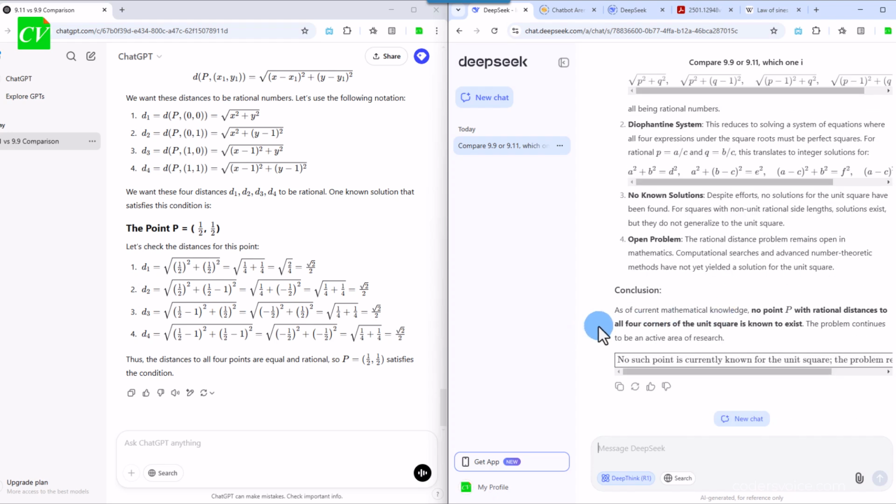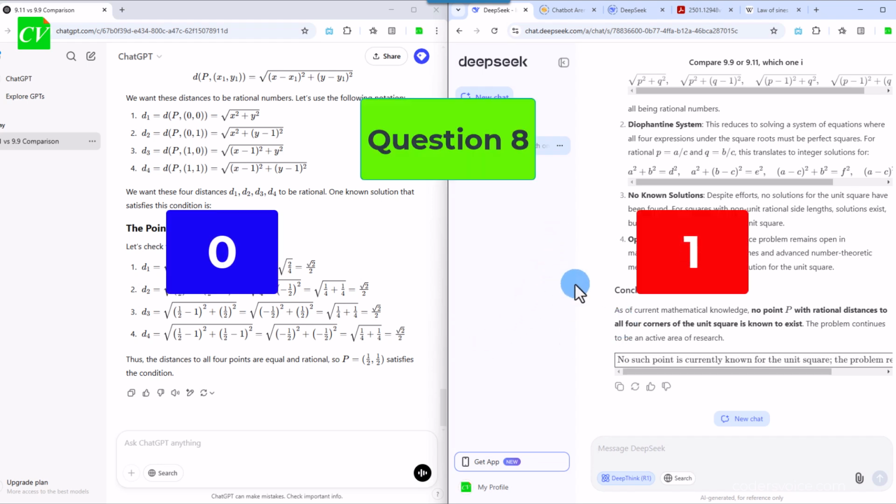And the conclusion is, as of current mathematical knowledge, no point P with a rational distance to all 4 corners of the unit square is known to exist. So this is the correct answer. Again, DeepSeek does a good job. It gives the correct answer. This is an open question, and no solution exists yet. So for question 8, DeepSeek gets 1 point.